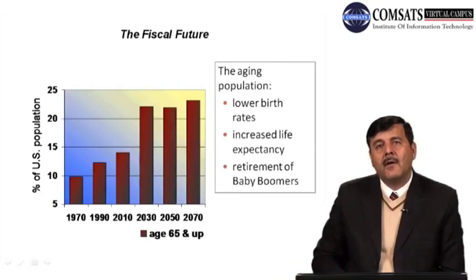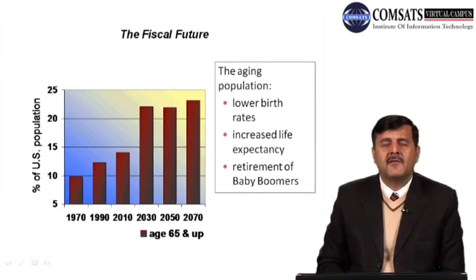Now if we want to see the fiscal future, the policy future of the fiscal policy in the US, look at this graph. On the y-axis we are measuring the percentage of the US population, on the x-axis we're measuring years, and these bar charts are for those people whose age is 60 and up.